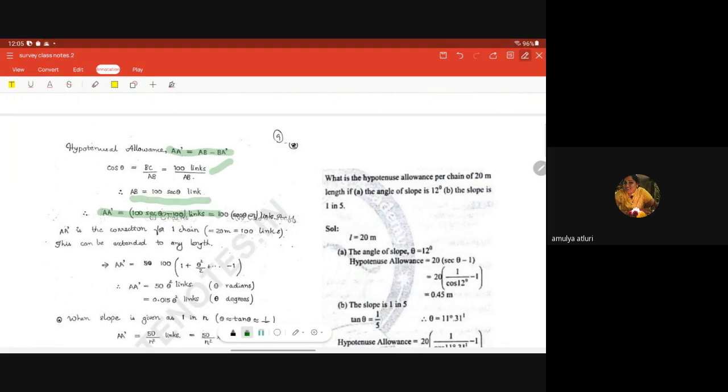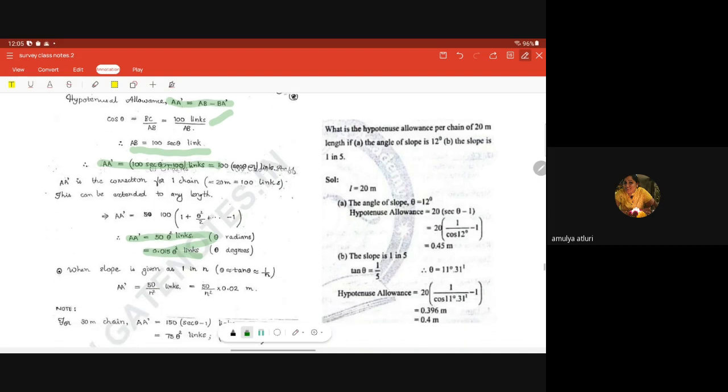That means if I am considering a 20 meter chain, then my hypotenuse allowance is 50 theta square, if theta is in radians. If I want it in degrees, then I need to divide it by 1000, giving 0.015 theta square.